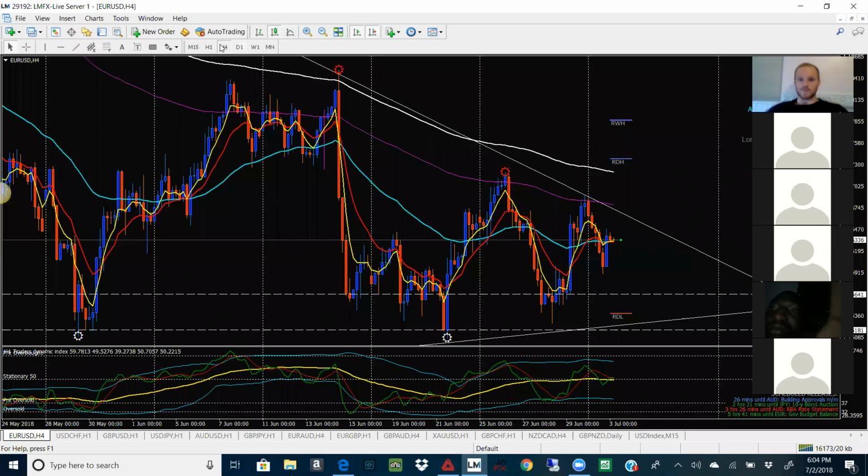Don't look for reversals. Don't look to go crazy with buys. The only way I suggest you buy this is if it takes out that trend line, comes down, retests it, and shoots back up, or takes out this high and retests and comes back up. We'll have to be patient on that.